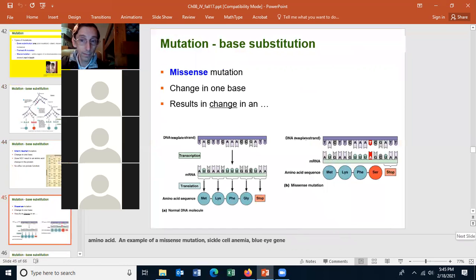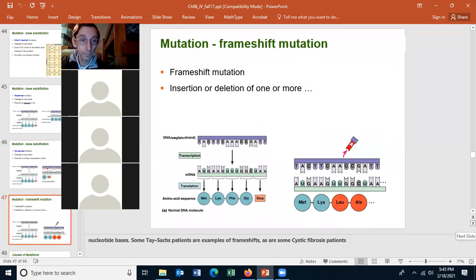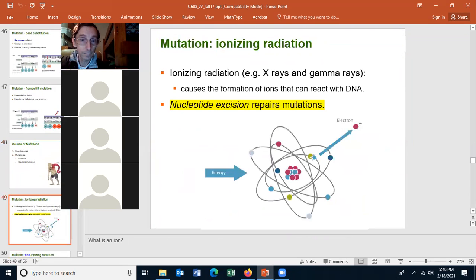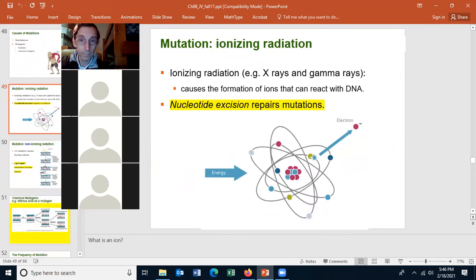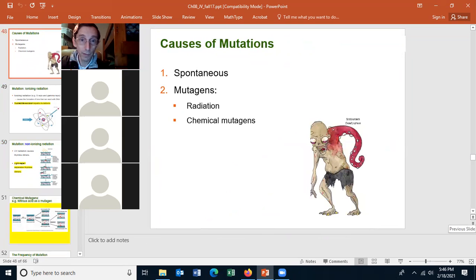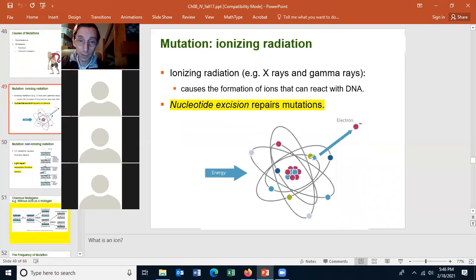So let's go to the end of that worksheet. And the worksheet also talks about the different types of mutations, how you can have spontaneous mutations and then mutations caused by a mutagen. And there's two types of mutagens, radiation and chemical mutagens.